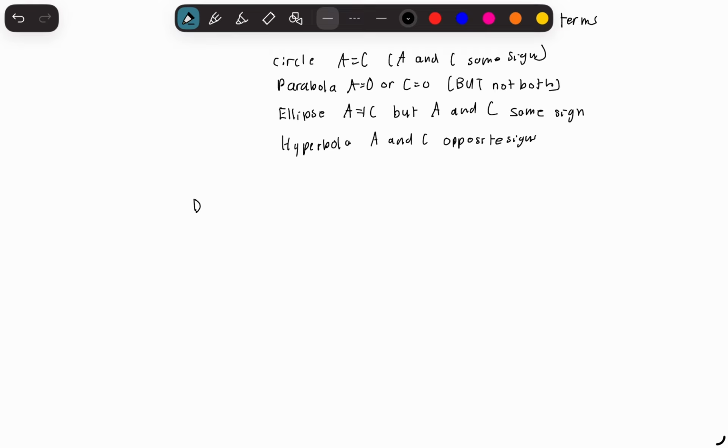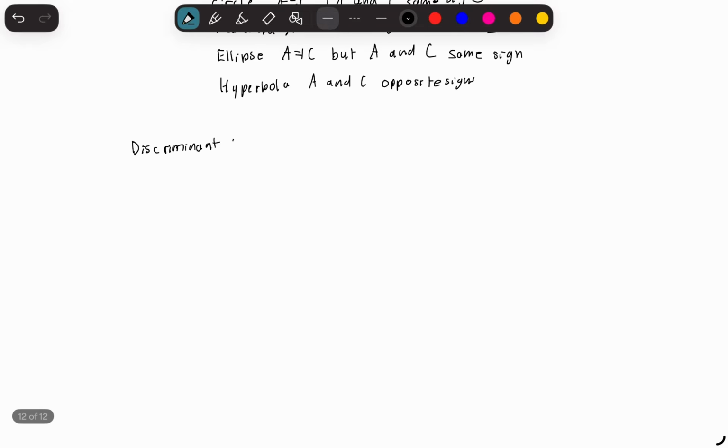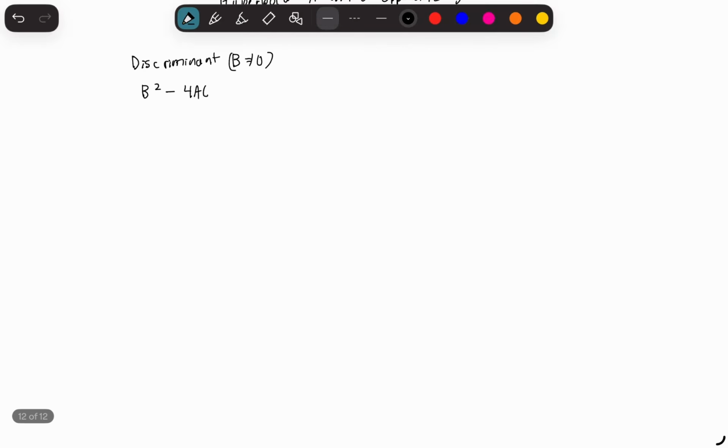You can also use your discriminant, not the equation, to classify these conics. By using your discriminant, this is when b is not equal to 0. We're going to use b squared minus 4ac, which you might recognize from the quadratic formula.